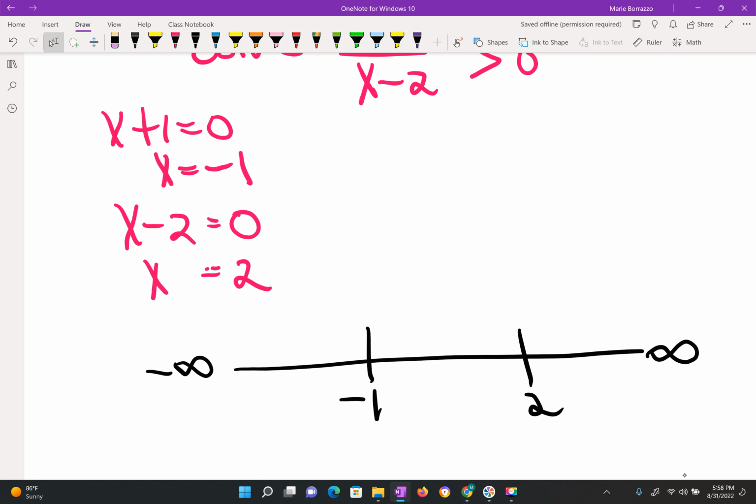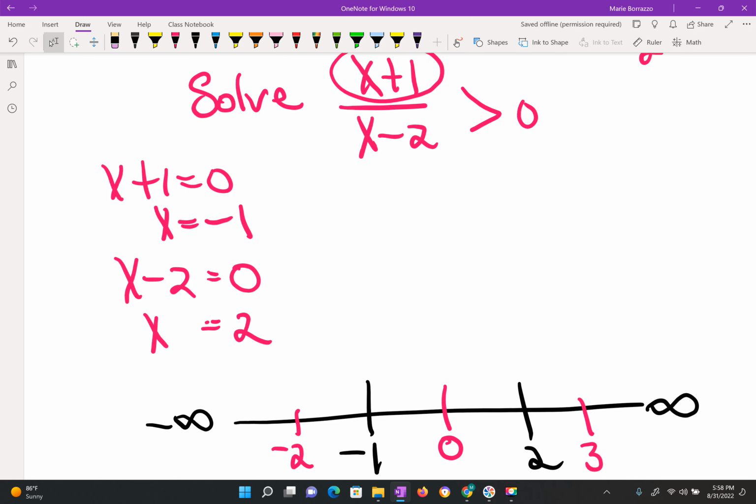Now I want to select a test point. I am going to select negative 2, I'm going to select 0, which I love using, and I'm going to select 3. We're going to pop this into the expression and see if it fulfills this standard. I'm going to take negative 2 plus 1 divided by negative 2 minus 2 and see if that is greater than 0.